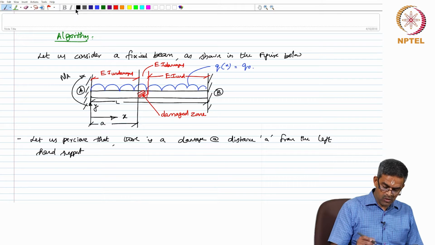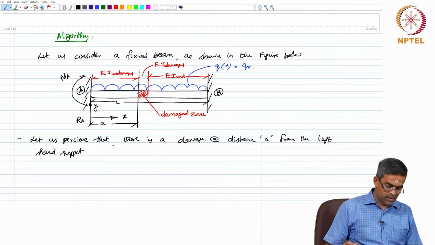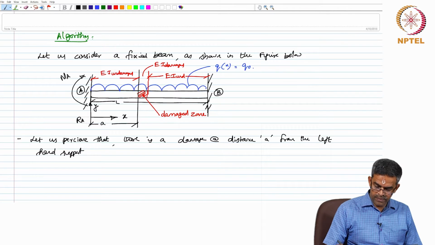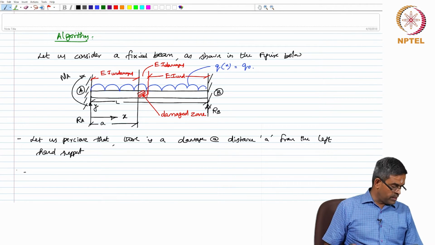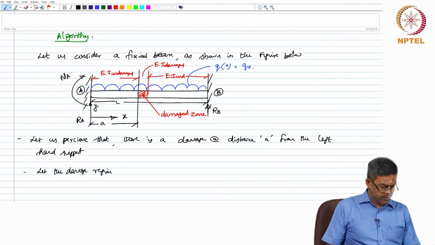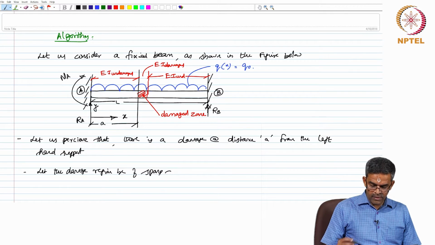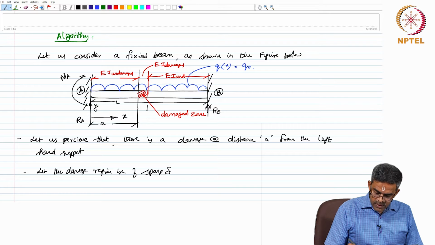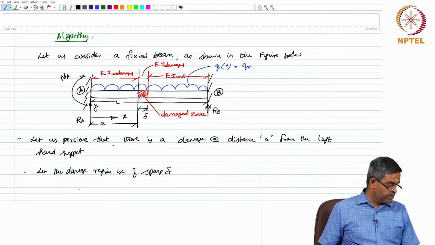Let us say it has got two reactions, RA and RB. Let the damage region be of span delta.